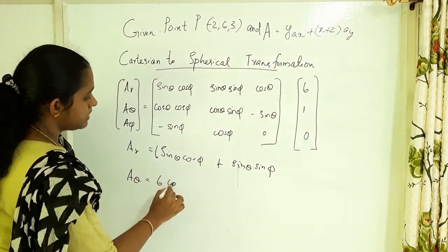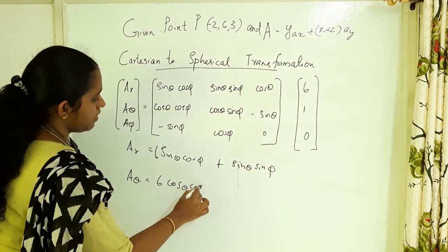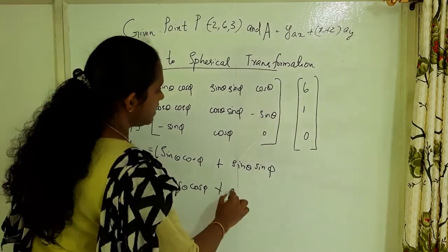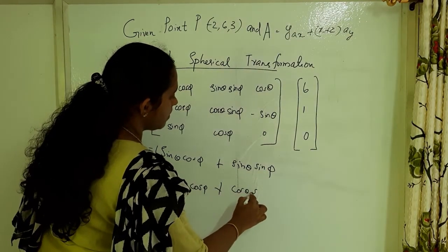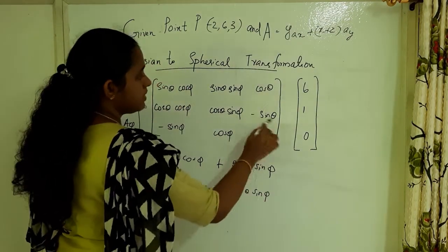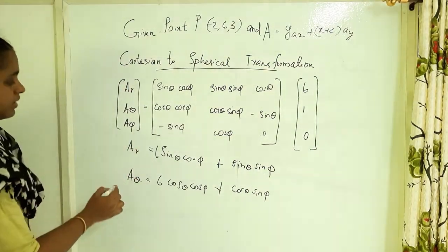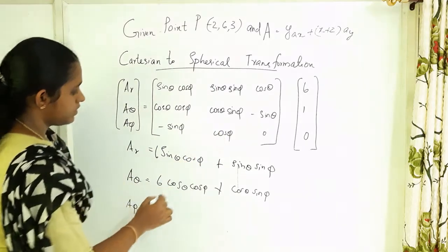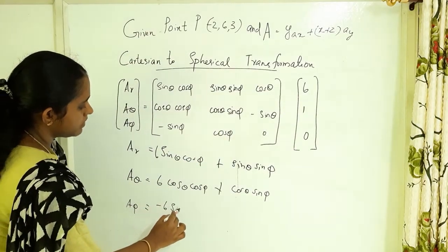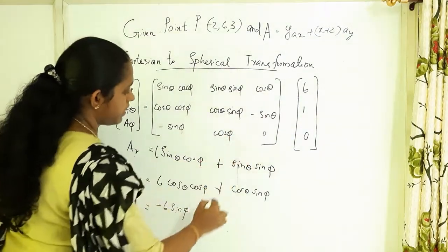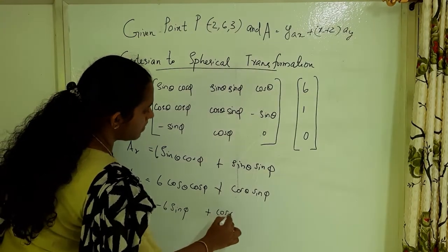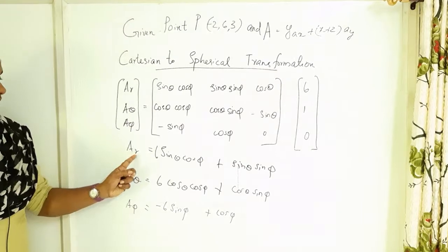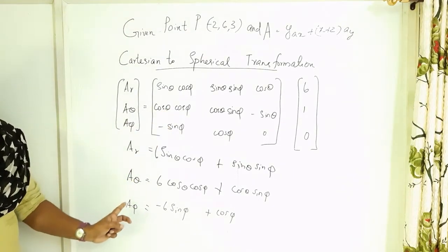So this becomes 6 cos theta cos phi plus cos theta sin phi, this is 0. Next, the last vector A phi will be equal to minus sin phi into 6, so minus 6 sin phi plus cos phi, this is 0.